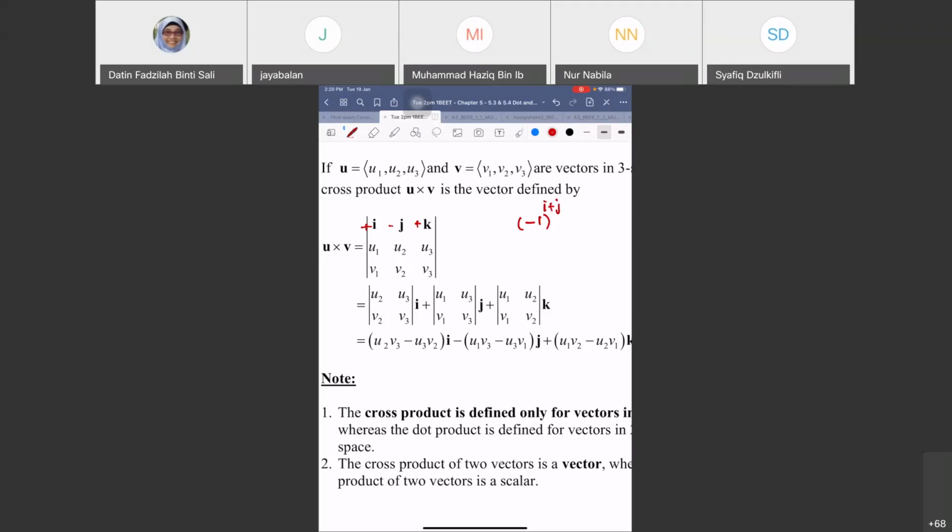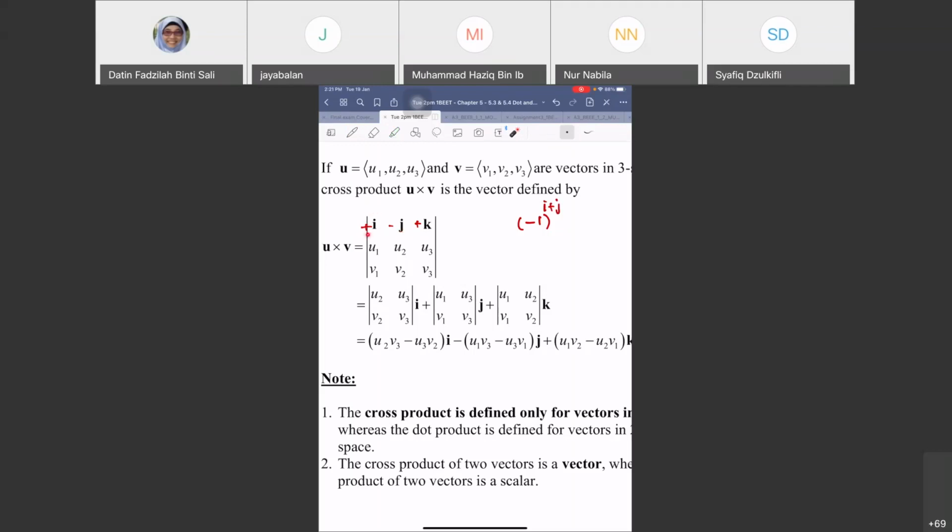That gives you the plus-minus sign. So to find the cross product is the same as finding the determinant by selecting the first row i, j, k.